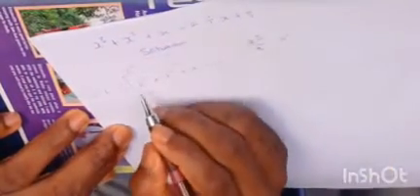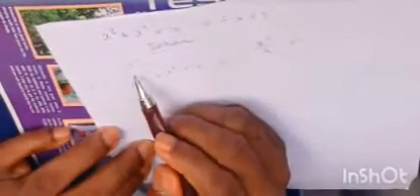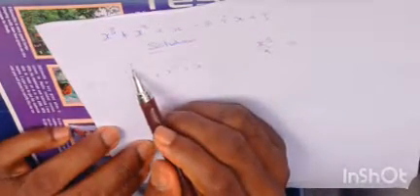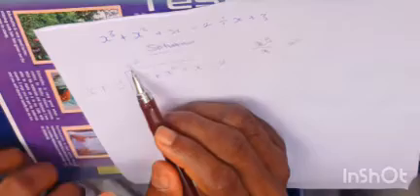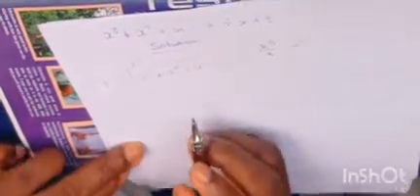Once you divide this by this, the next thing you're going to do is take this x squared and multiply it by everything outside here. Now let's do that.